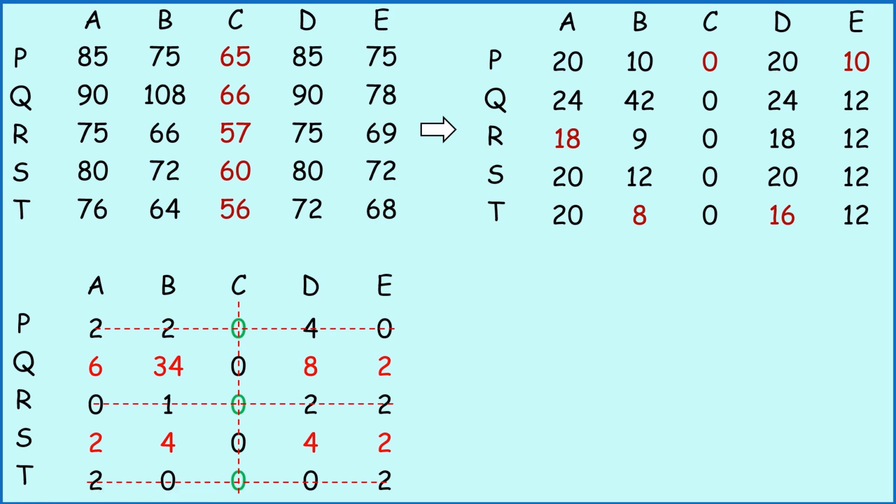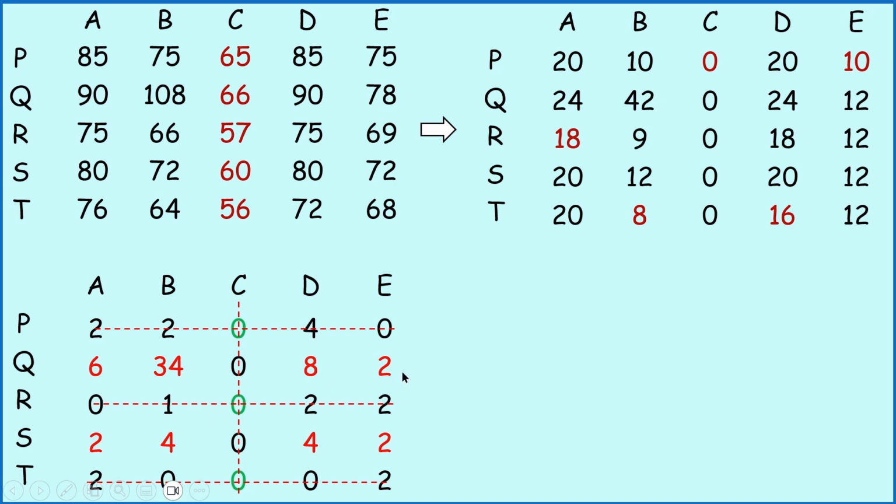The fifth step says we need to first identify the uncovered elements by the lines. These red color elements are not covered by the lines. Out of these uncovered elements, identify which one is the lowest number.